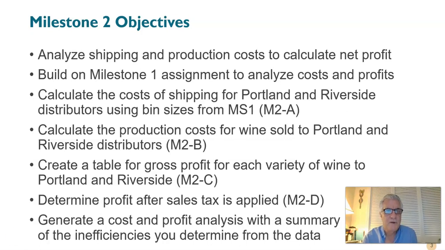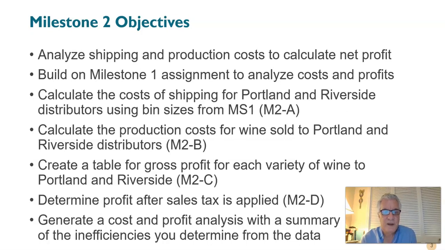In this Milestone 2 objective, you will only be doing this for Portland and Riverside distributors and using the same bin sizes from Milestone 1. Calculating the cost of shipping for Portland and Riverside will be done on tab M2A. Then you will calculate the production costs for the wine sold to Portland and Riverside distributors, and that will be question M2B.